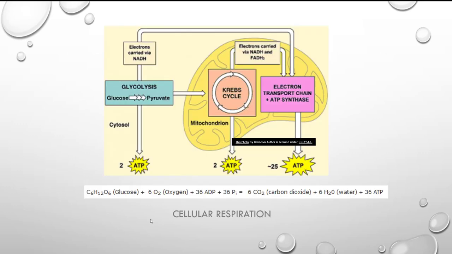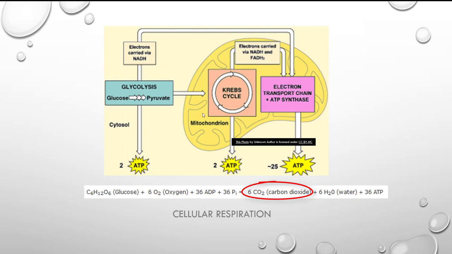So here is the summary of the entire equation. We start out with our glucose. Remember, our glucose is that 6-carbon molecule. We break it down first into pyruvate, which is that 3-carbon molecule. We do that in glycolysis, and then that goes into the transition step, and then further into the Krebs cycle, where it gets broken down into carbon dioxide.